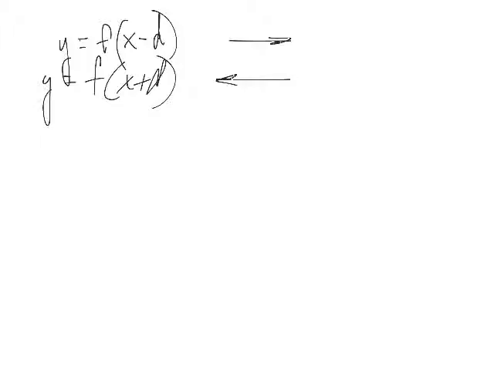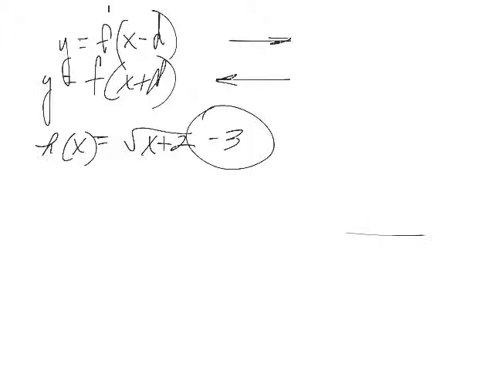So, for example, if we have something like d in example 4, h of x equals square root of x plus 2 minus 3. Okay, so what this says, according to the bottom of page 152, that minus 3 means that when we have a graph, it's going to move it down 3.